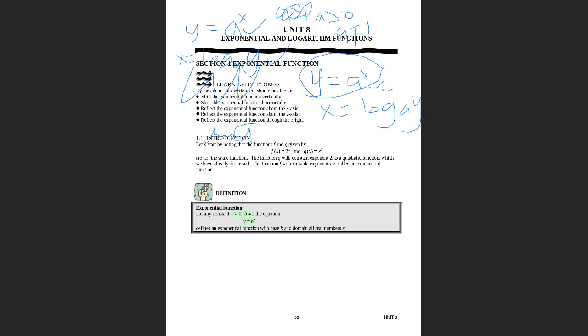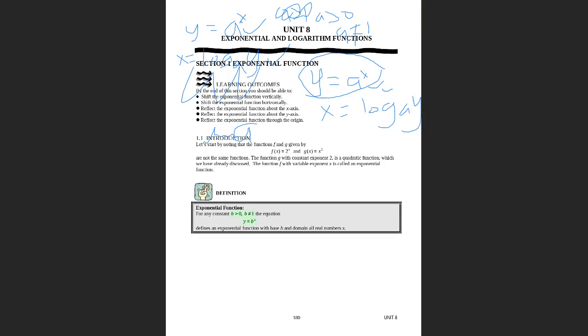So the base here can never be negative, and it can never be 1. It can be any number in the real number system except a negative and a 1, because then it's no longer an exponential function.